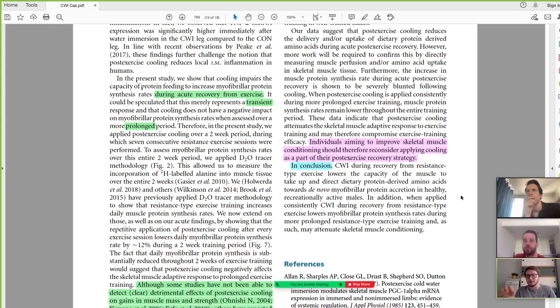You have all these small blood vessels, these capillaries. That's essentially where everything happens, where the amino acid goes from the blood into the muscle and gets incorporated, et cetera.